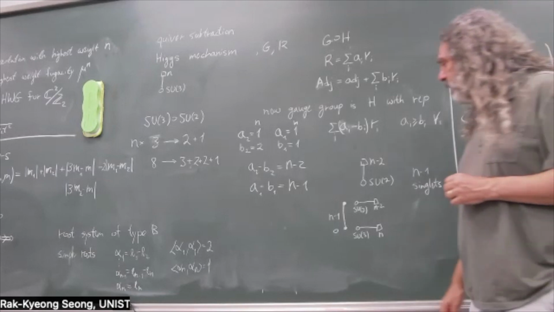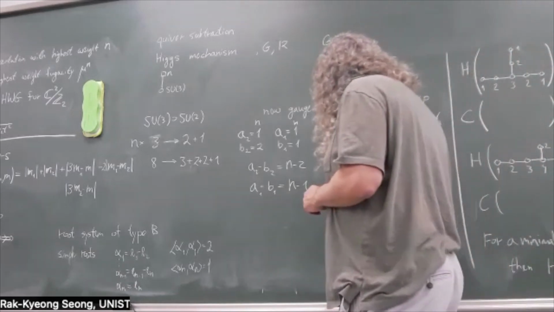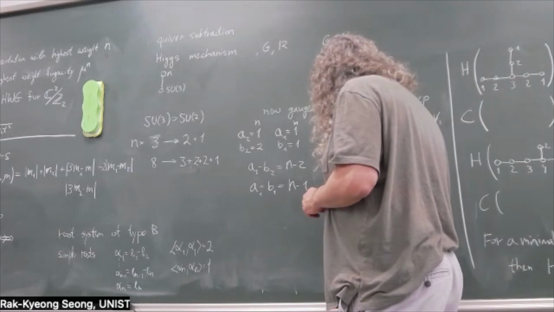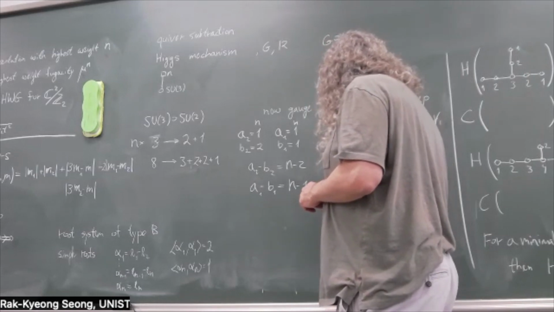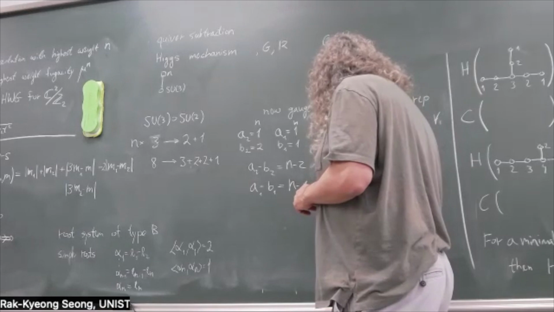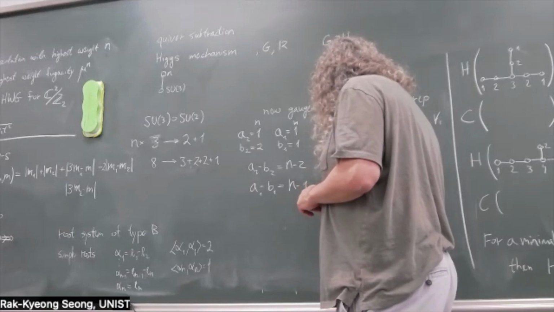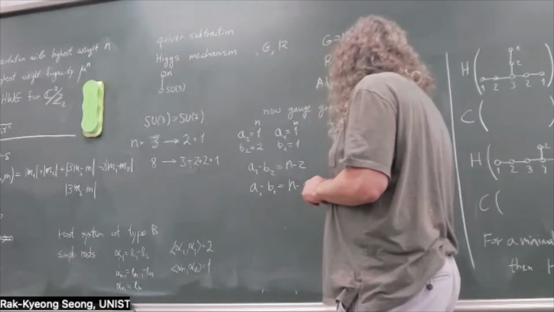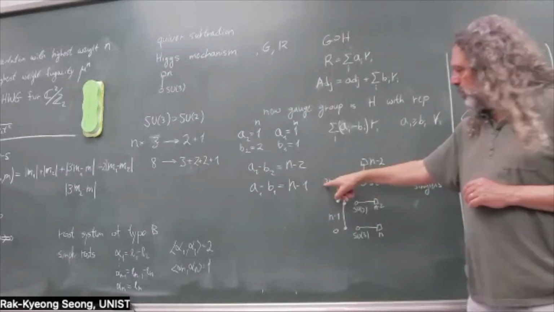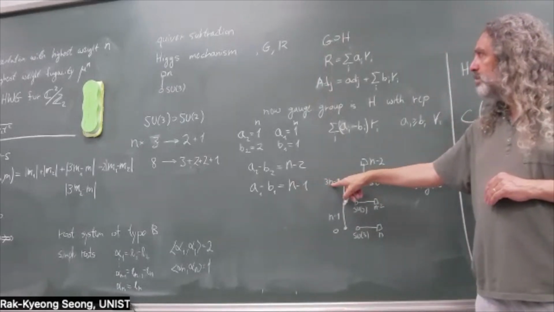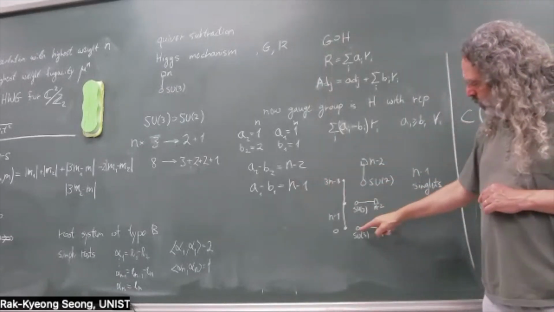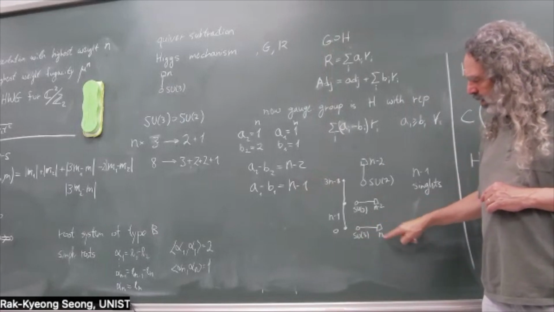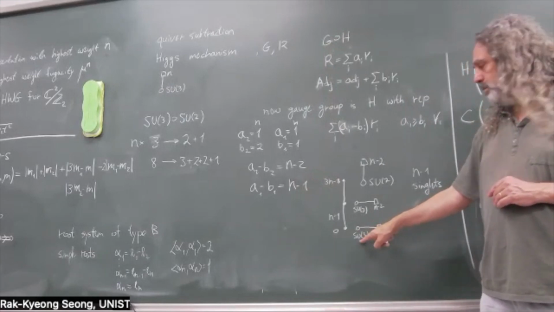If I fully break it, then the dimension will be 3n minus 8. 3 for every hyper, right? So this is what you see here. 3 times n minus the dimension of the group.